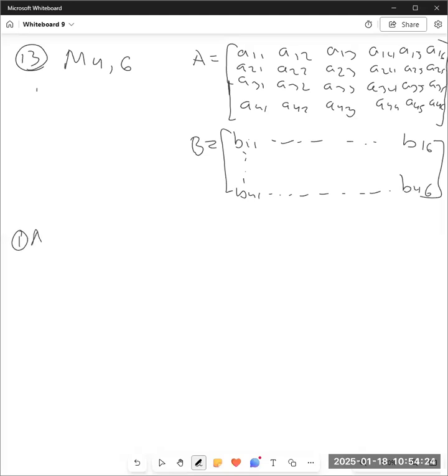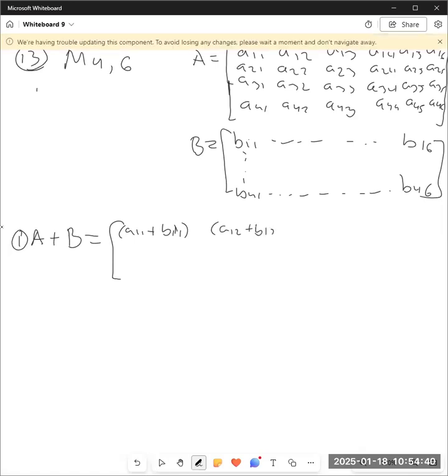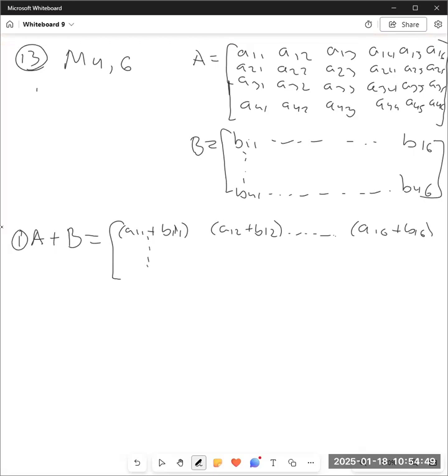So my first one here is closure. A plus B is A11 plus B11, A12 plus B12, all the way out to A16 plus B16, and so on through A41 plus B41, A46 plus B46, and that is an element of M4,6.